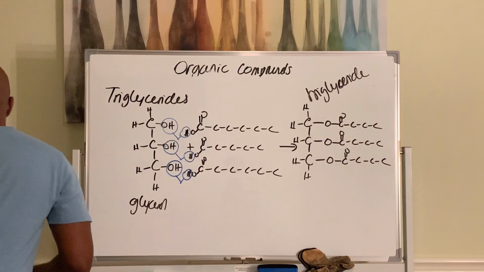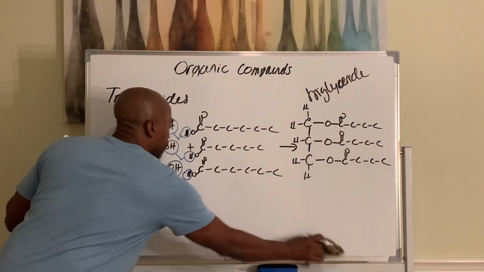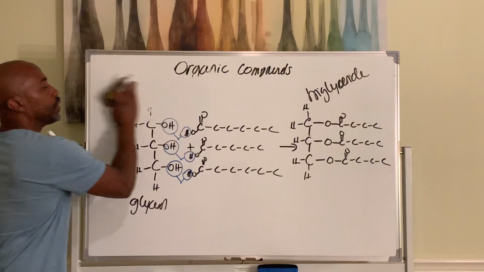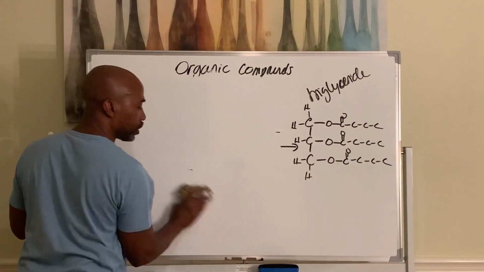The triglycerides play different roles in the body. But first, triglycerides take on different forms. So this is basically your cooking oil. When you cook food with oil, you're using triglycerides.